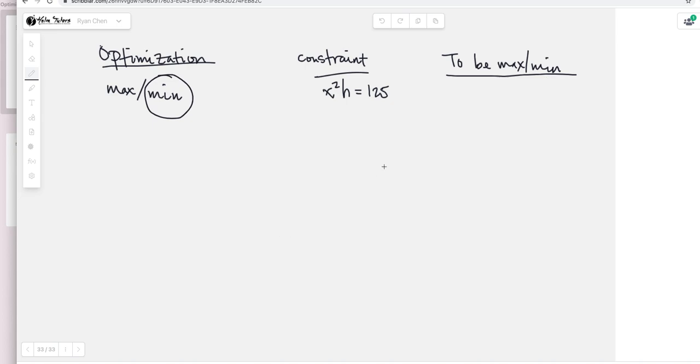Yeah, exactly. We just figured out that what we need to minimize is the surface area. And what would the formula be for that? For surface area. Exactly. Excellent. x squared plus.